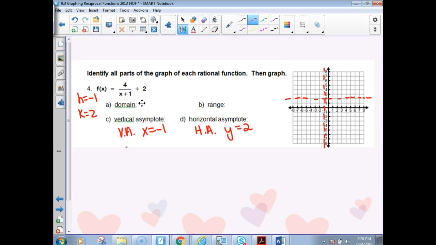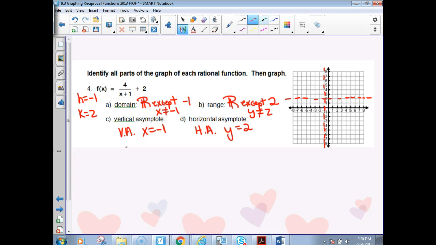The domain's going to be all reals if you want to use that big R, except, I'm trying to remember to use that, all real numbers except negative 1. And the range, all reals except 2. Or you can even write x can't equal negative 1, y can't equal 2.